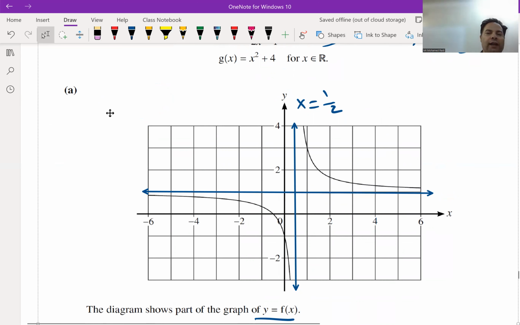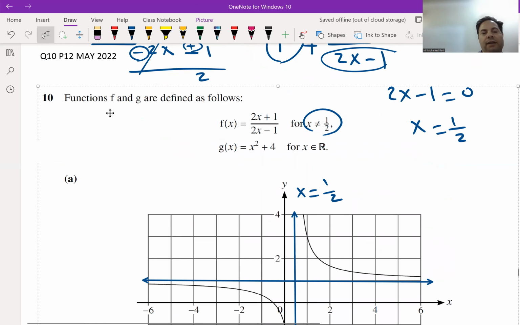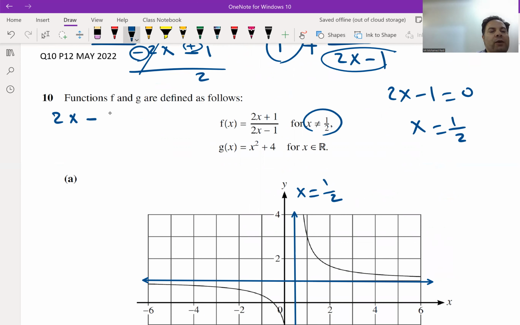For AS level, I will explain another method, maybe you can understand it. It's 2x minus 1 plus 1 minus 1, all divided by 2x minus 1. I subtract 1 and add 1 to the function.